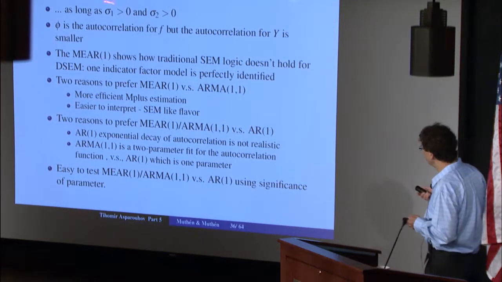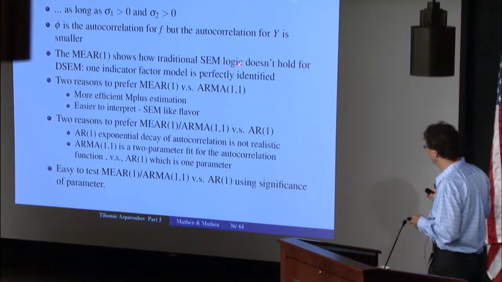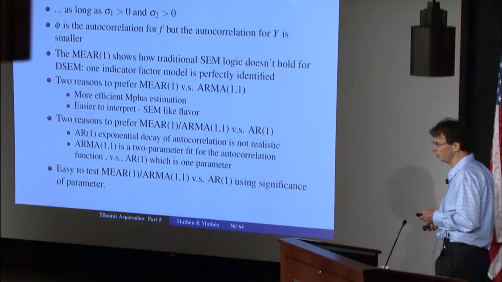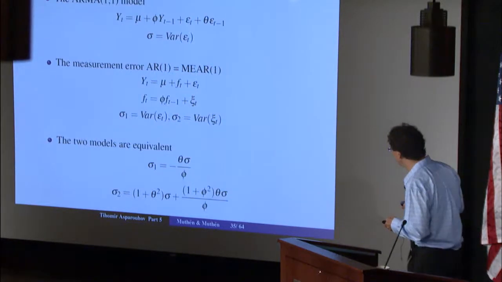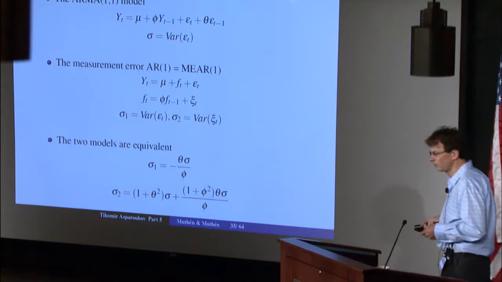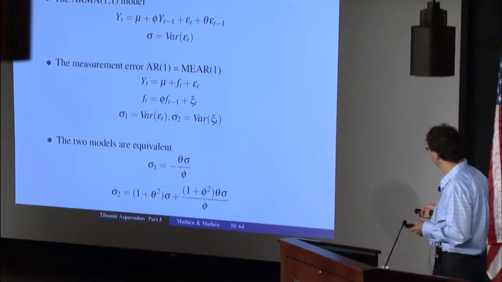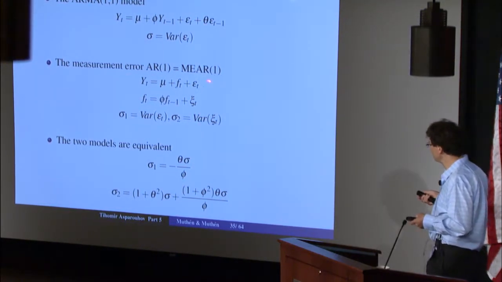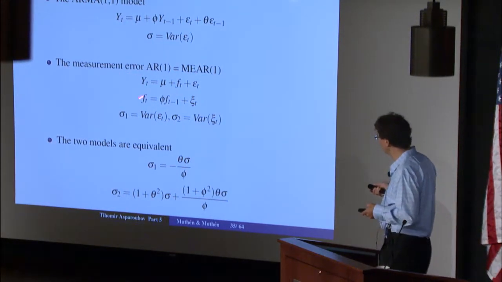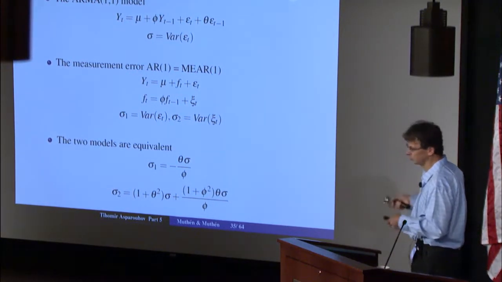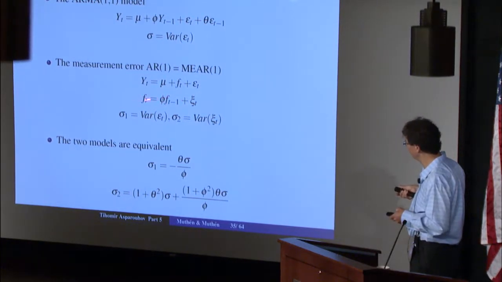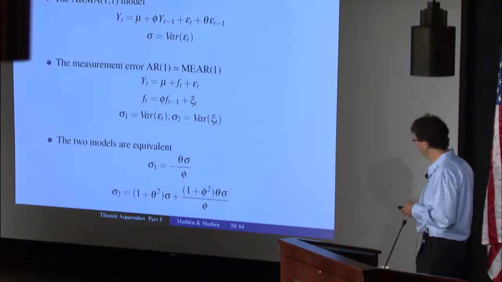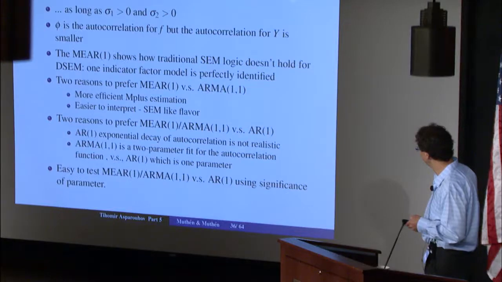One thing to note here is that the autocorrelation for the factor is always greater than the autocorrelation for the observed variable. That's a natural feature of this measurement error model, and once you start estimating these models, you will always have that the autoregressive parameter for the factor is greater than the autocorrelation for the observed variable.